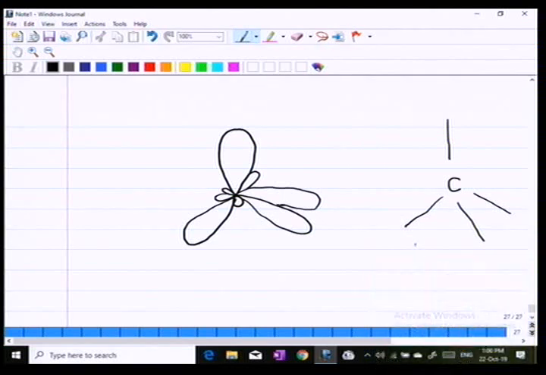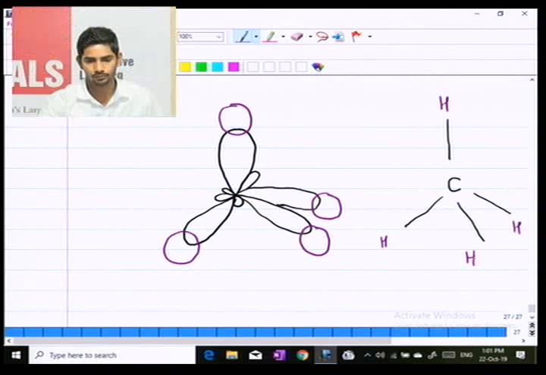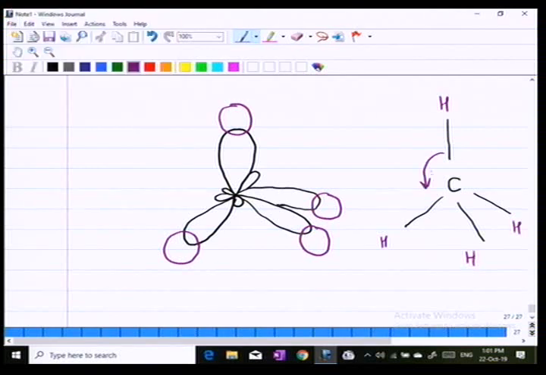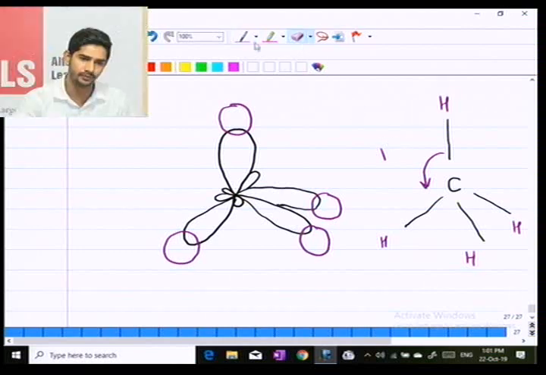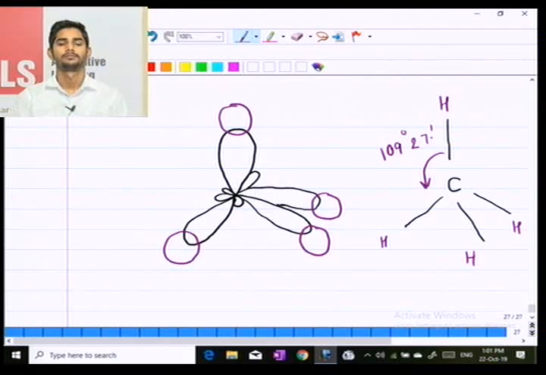Put the 4 hydrogens. 1, 2, 3, 4. And bond angle is 109 degree 27 minutes. Got it?